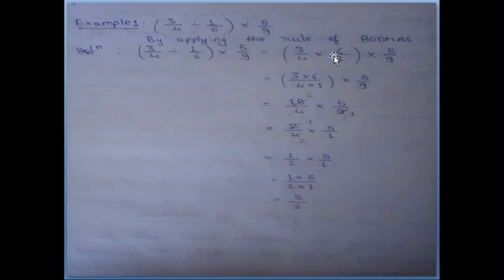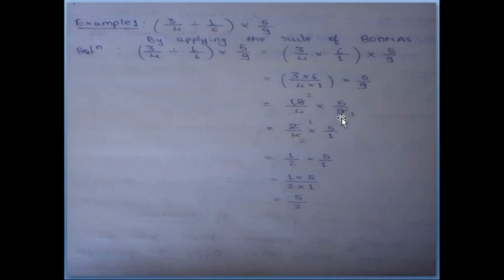To do the division, we take the reciprocal of the second fraction and then change this division into multiplication, that is 3 by 4 into 6 by 1 into 5 by 9, written as it is. Then multiply the numerators and denominators, so that is 3 into 6 divided by 4 into 1, into 5 by 9, that equals 3 into 6 is 18, 4 into 1 is 4, into 5 by 9.